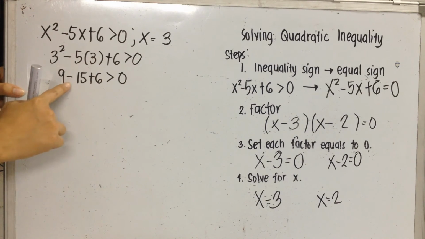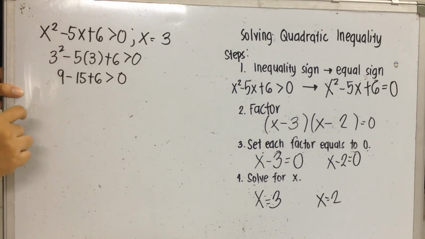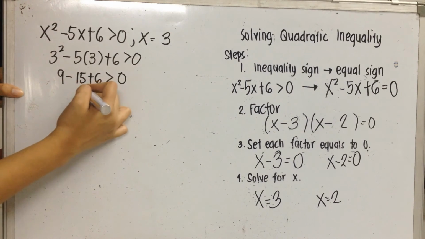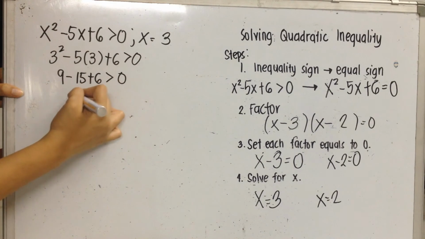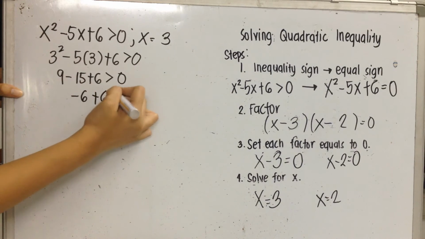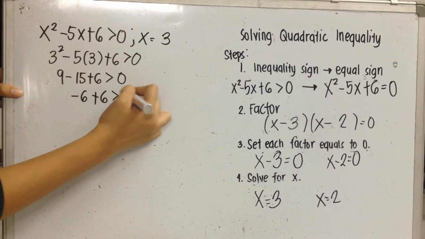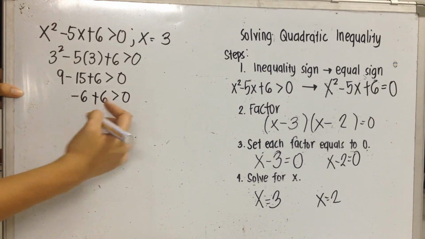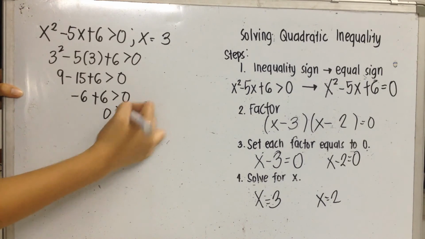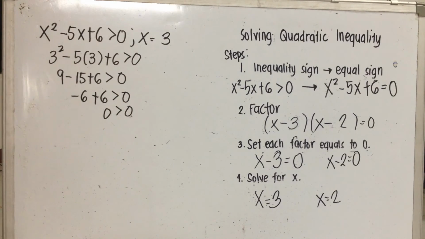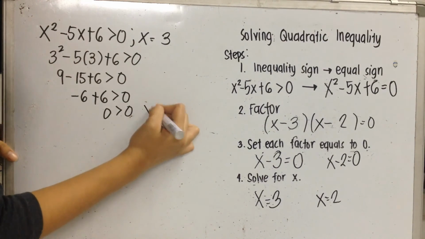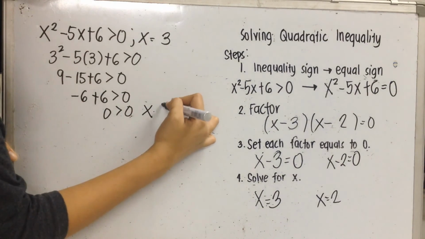Negative 9 minus 15, that is 6. Negative 6 plus 6 is greater than 0. So, negative 6 plus 6, that is 0. 0 is greater than 0. Is it true or not? It is not. So this one is false.